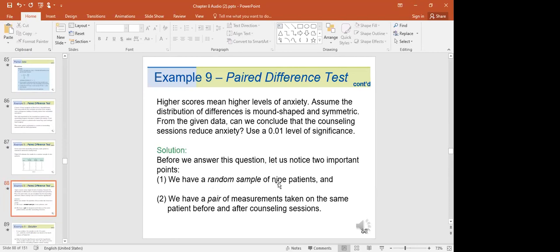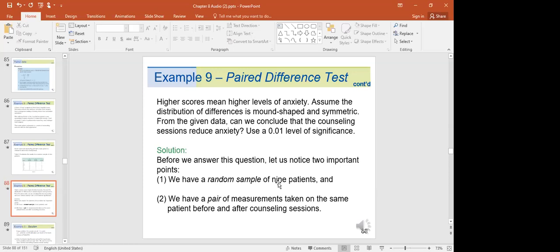From the given data, can we conclude that the counseling session reduced anxiety? Use a 0.01 level of significance. So here the claim is that counseling reduces anxiety. So anxiety before counseling is higher than anxiety after counseling. That will actually mean that B minus A is positive.